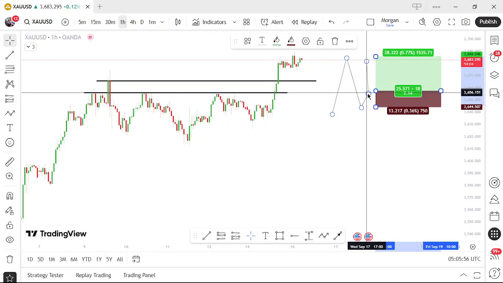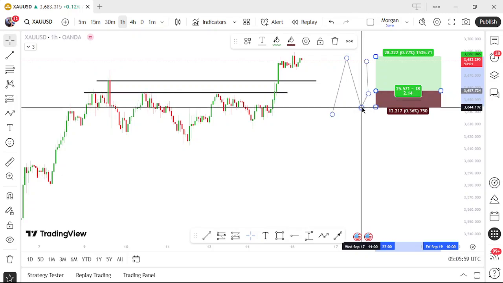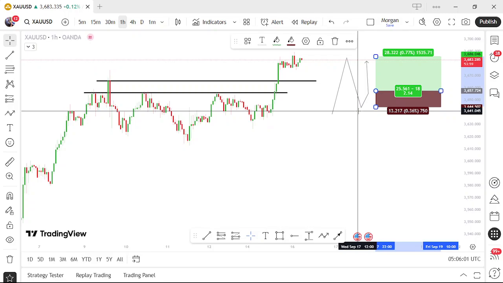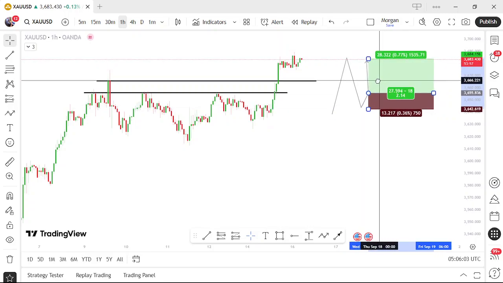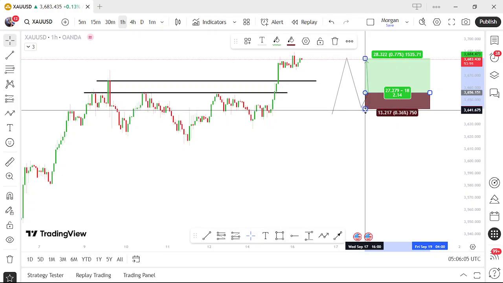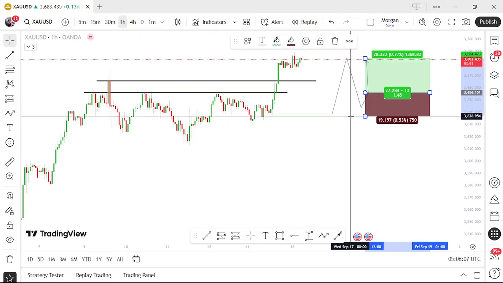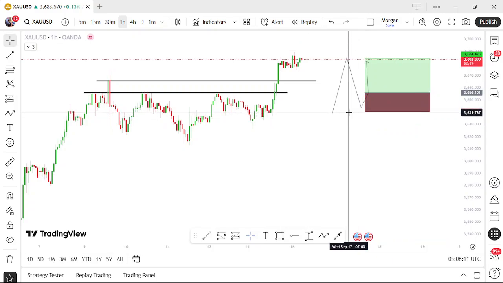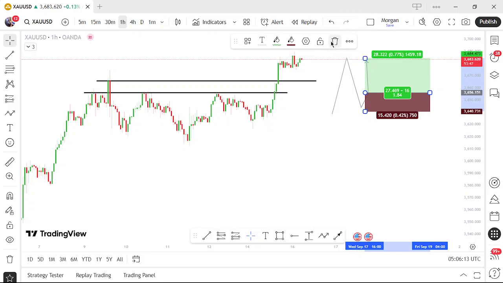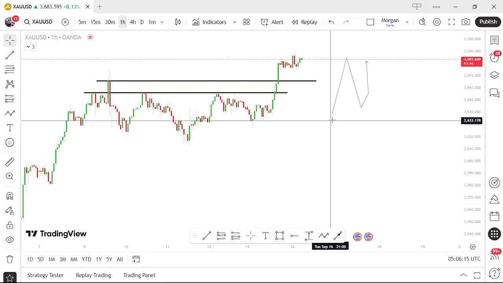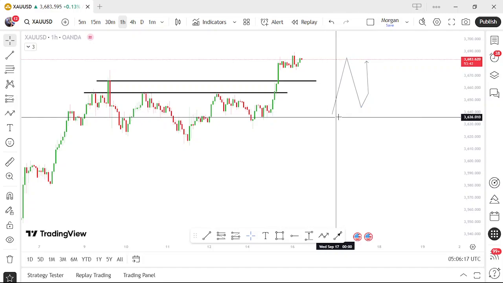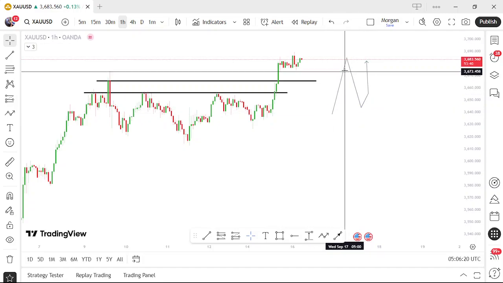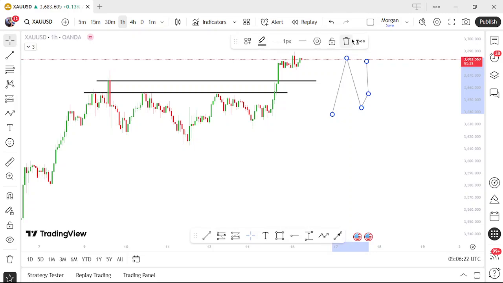So price can definitely come down, take out this low, and come down a little bit more before going, right? So you can also use this low for your stop loss. But if it's too big, you can just use this one. Just keep in mind that this low right here is the main thing. As long as this low is not taken out, buys are still in the market.